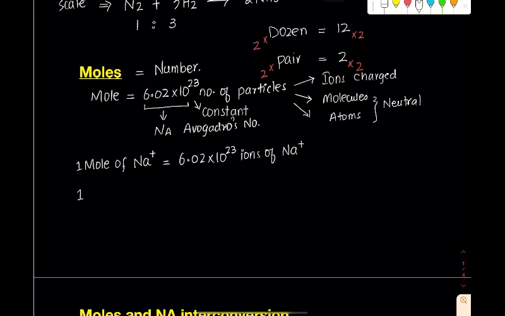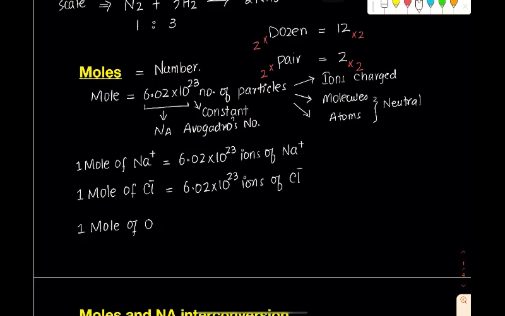And if I have 1 mole of chloride ion, then this is also equivalent to 6.02 times 10 power 23 ions of chlorine, 1 negative. In the same way, we could have 1 mole of oxygen molecules. So this is also equivalent to 6.02 times 10 power 23 molecules of oxygen.